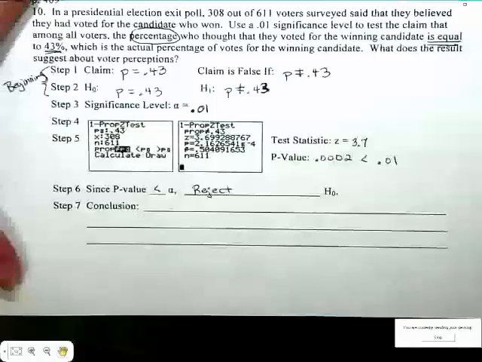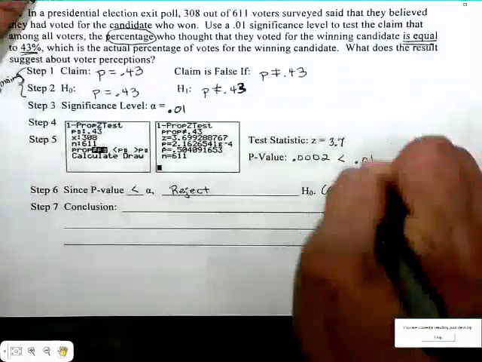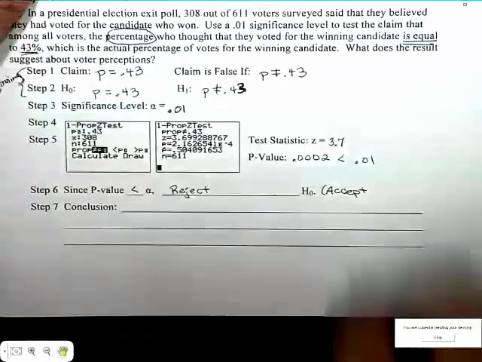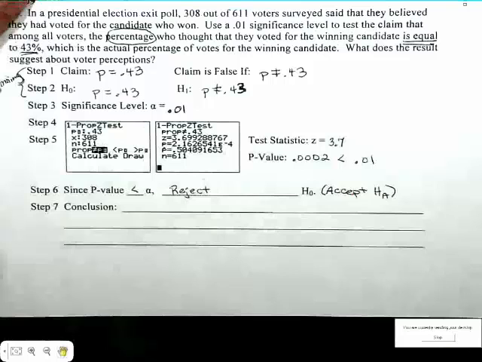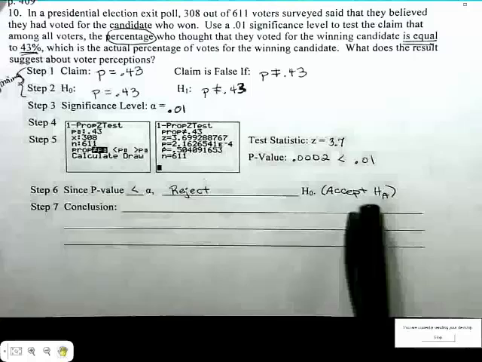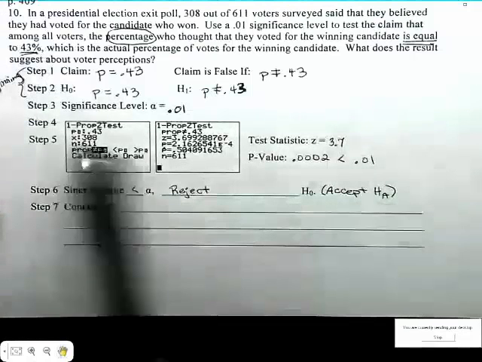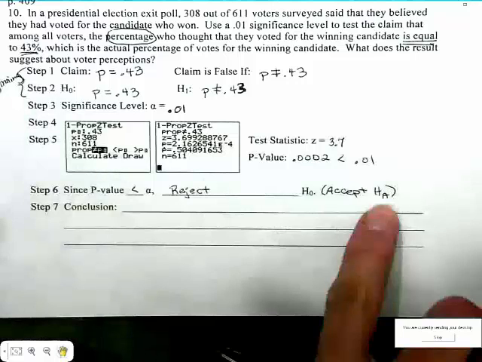Yep, those words are going to be in my head anytime I see reject the null. And then I'm going to look back and see what the alternate hypothesis was. That's why I need to have it written down up here. And here I wrote HA and here I wrote H1, but they're the same thing.